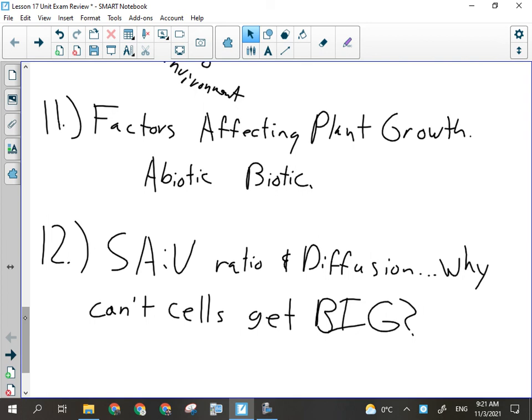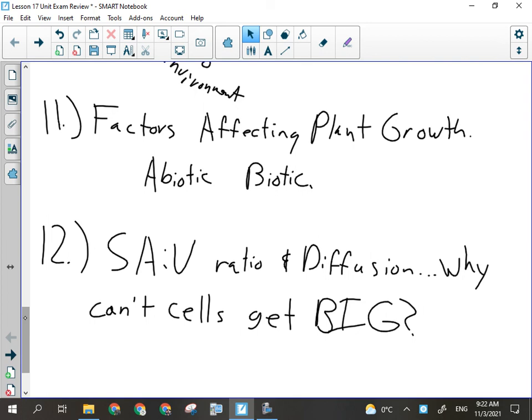Multicellularity. Plant transport. Three questions on cellular transport.